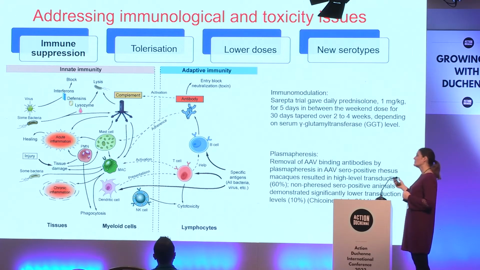For those people who have antibodies already, like I said, they are precluded from the trial. But obviously, we need to make this a therapy that could be used in all patients. So many researchers are working on trying to think of a strategy to allow them to be included. So you can do a process called plasmapheresis, which is basically where the blood is filtered and the antibodies are removed before AAV is administered and put back in, obviously.